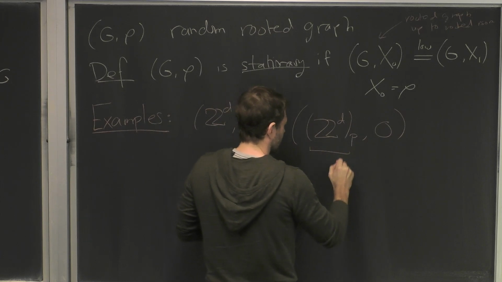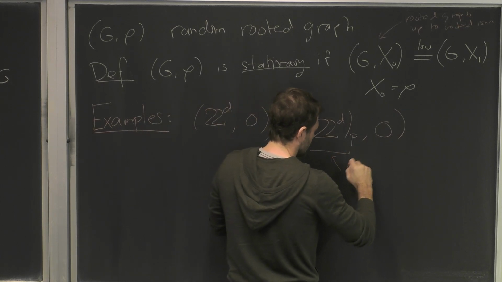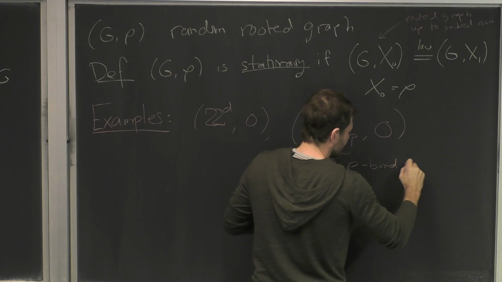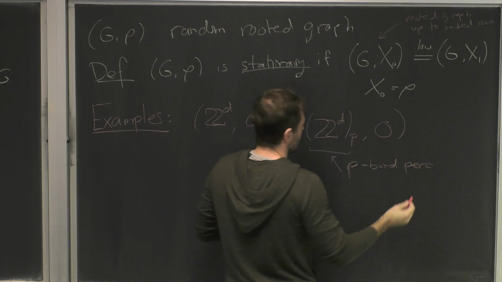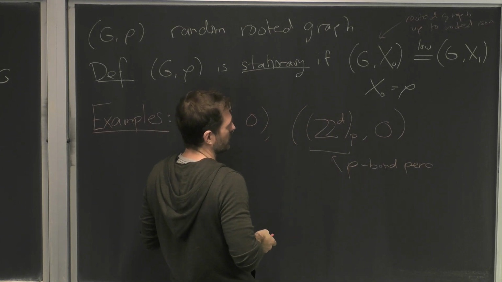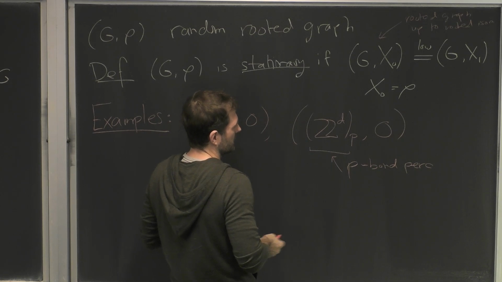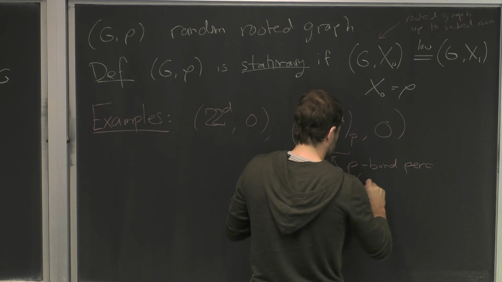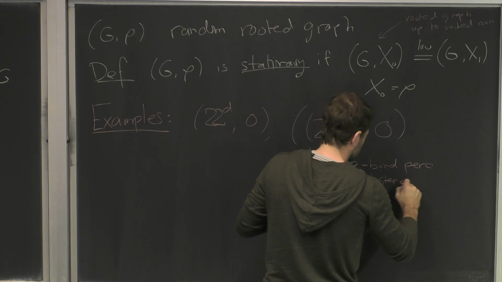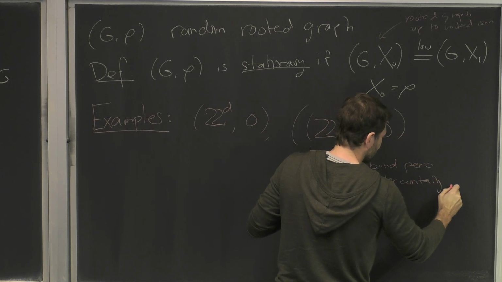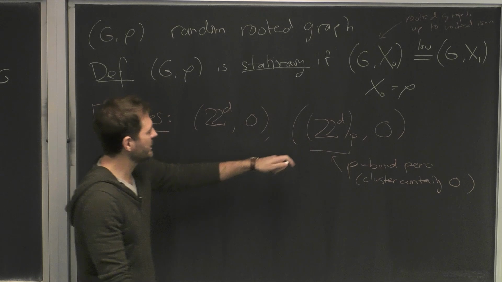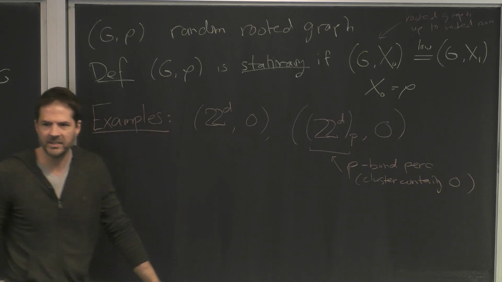Okay, this is a p bond percolation on this lattice, and this is the percolation cluster containing 0.